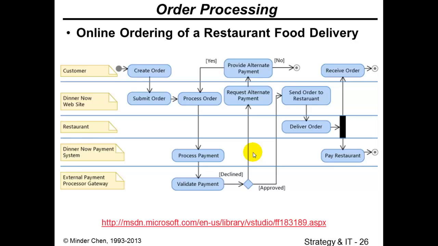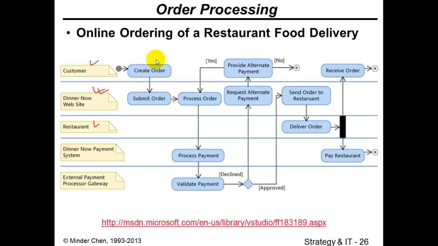A similar diagram can be drawn in a little more complicated way, showing who is involved, which can be a system like a website. This is an example of a restaurant's online food delivery service, and customers can order foods based on online menus from probably more than one restaurant.